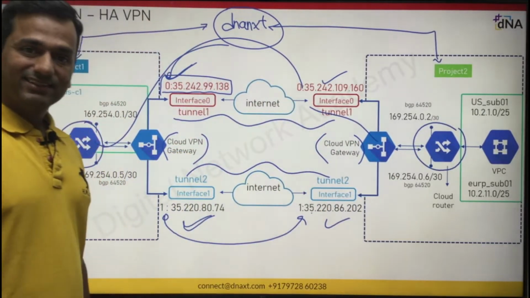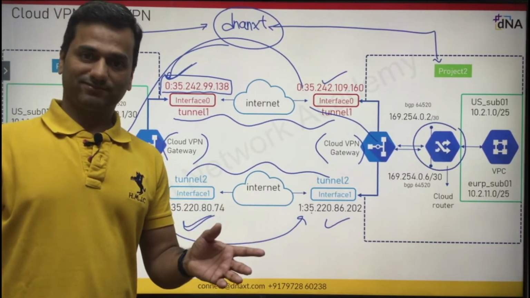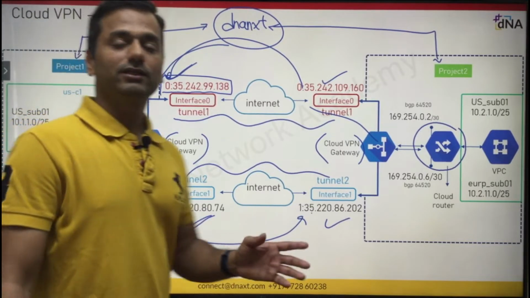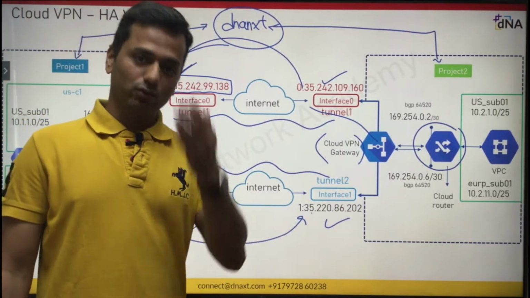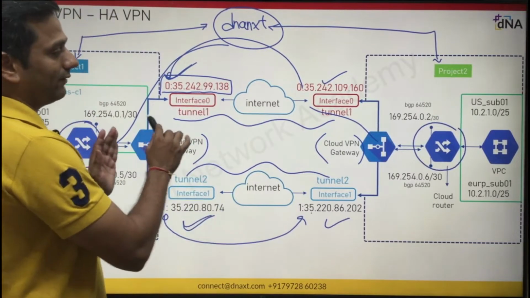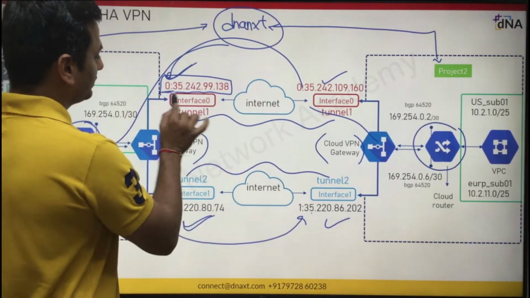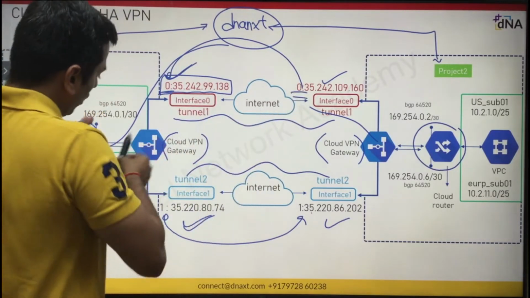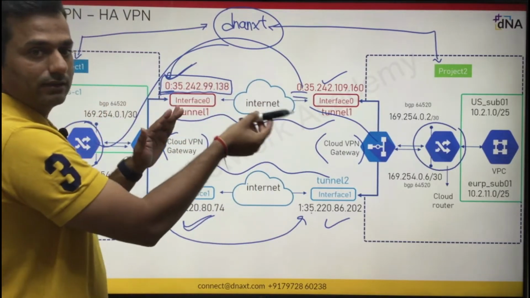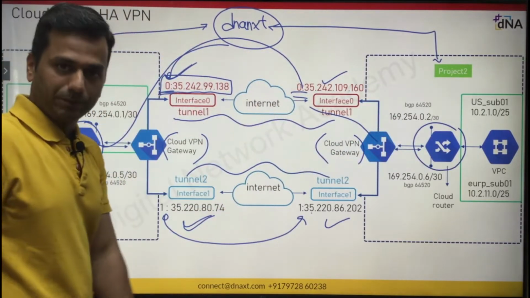It's just like GRE, generic route encapsulation. If you would like to run a dynamic routing protocol over IPsec, you have to go with GRE, correct? Similarly, over here, once you have a point-to-point site-to-site VPN between interface 0 and interface 0, from this tunnel these two cloud routers will establish a BGP neighborship.